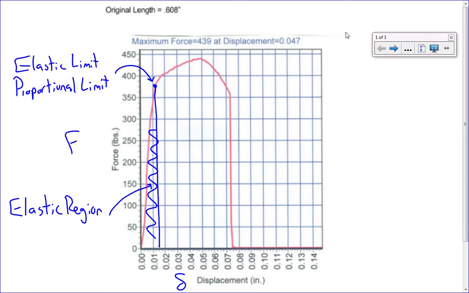Next thing I'd like to talk about is this thing called yield point. Yield point is 0.2% or 0.002 of the elastic limit. Let's write that. I think we have some room up at the top.